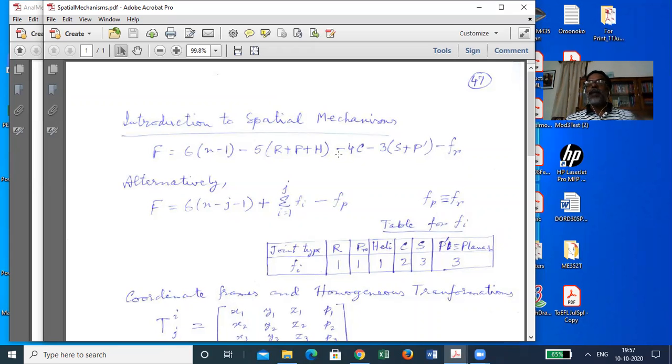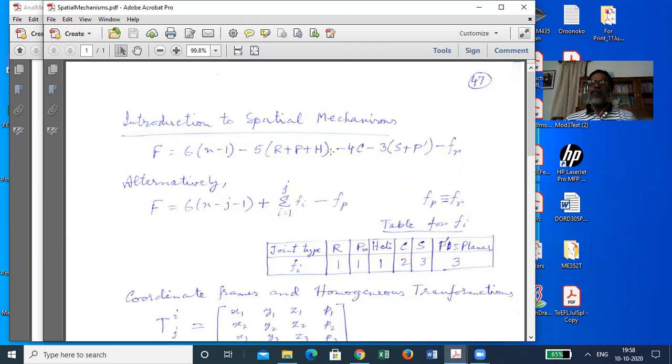Cylindrical pairs have 2 degrees of freedom, so 4 constraints. So minus 4 times the number of cylindrical pairs. Both spherical and planar pairs will offer 3 degrees of relative freedom, so 3 degrees of constraint. So minus that many.